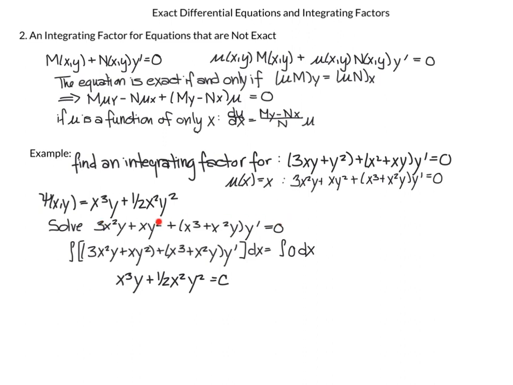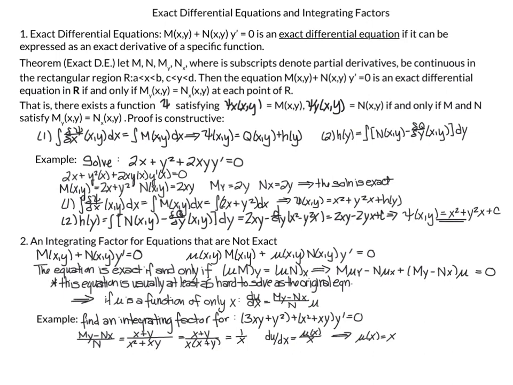So when we solve this equation, we integrate both sides with respect to x. And the thing about psi is the derivative of psi is equal to what's on the left-hand side. In other words, the antiderivative of the left-hand side is equal to psi, and the right-hand side gives us c. So this is the solution to our differential equation.